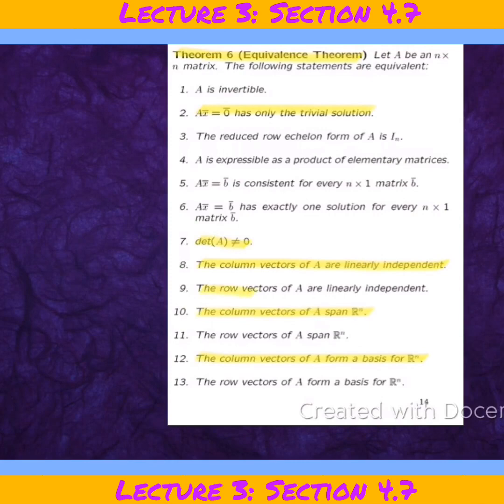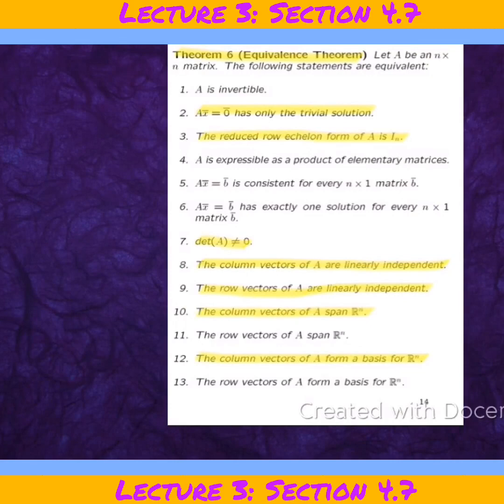Now, the row vectors of A are going to be linearly independent, because if A is invertible, the reduced row echelon form of A is the identity matrix. And because A and the identity matrix are row equivalent, and the rows of the identity matrix are linearly independent, by all the theorems we've done previously in this section, A is going to inherit that same property.